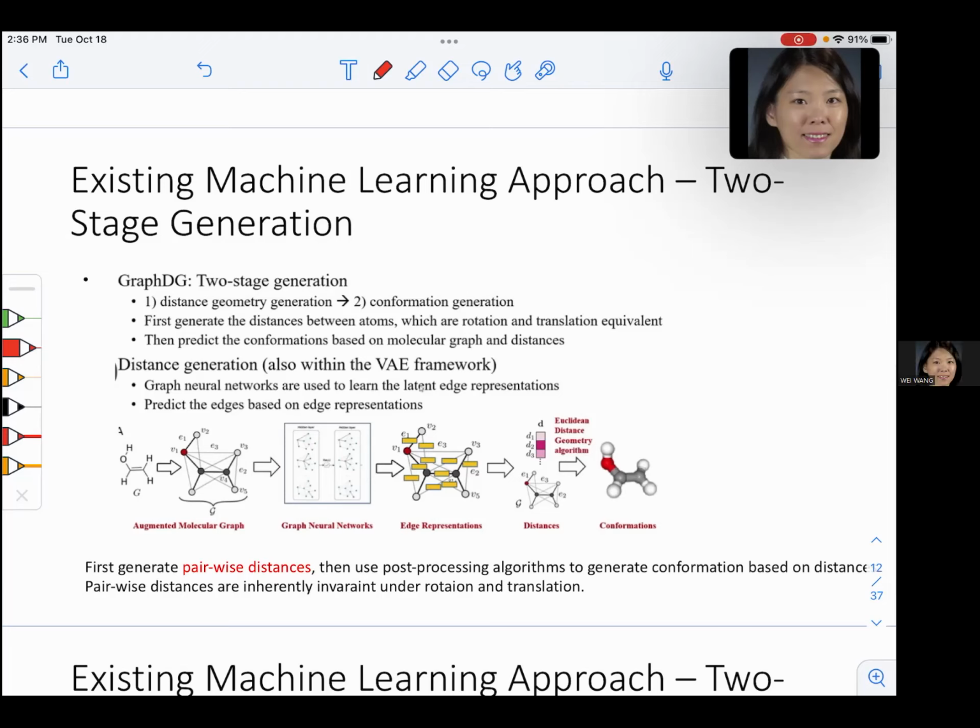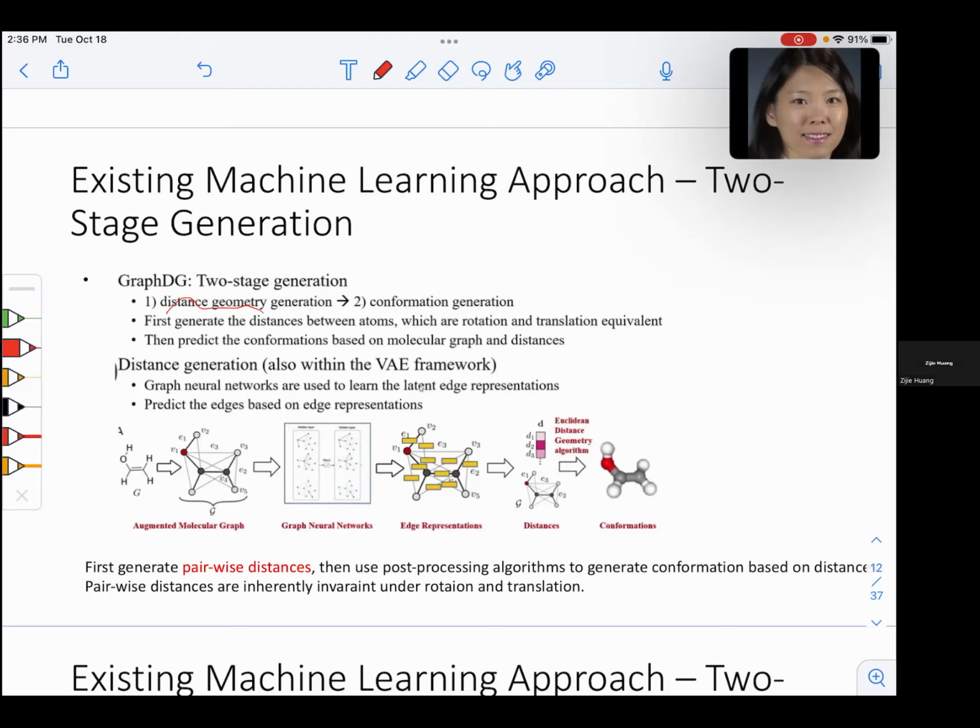Yeah, but one good thing for this two-stage generation is that they all choose to first predict this distance, because this overcomes the drawbacks that we mentioned in the first paper about the equivariance property.